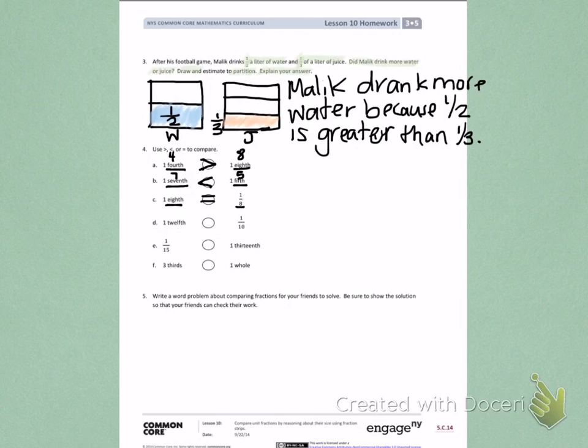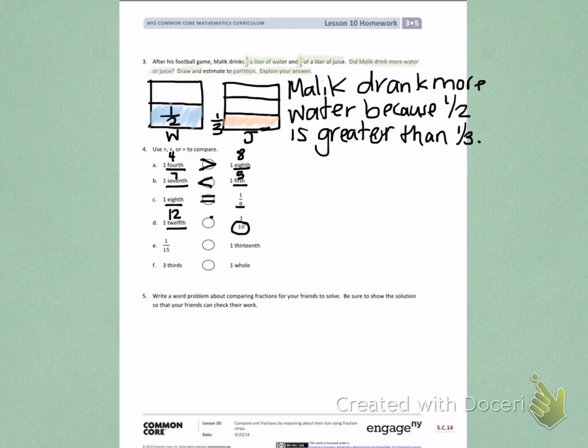Letter D, 1/12 and 1/10. When I have twelfths, I have 12 equal parts. In the second fraction, I have 10 equal parts. When I partition, the area that will have the greater amount is the tenths, because when I share with 10 friends, I'm getting more than when I share with 12 friends.